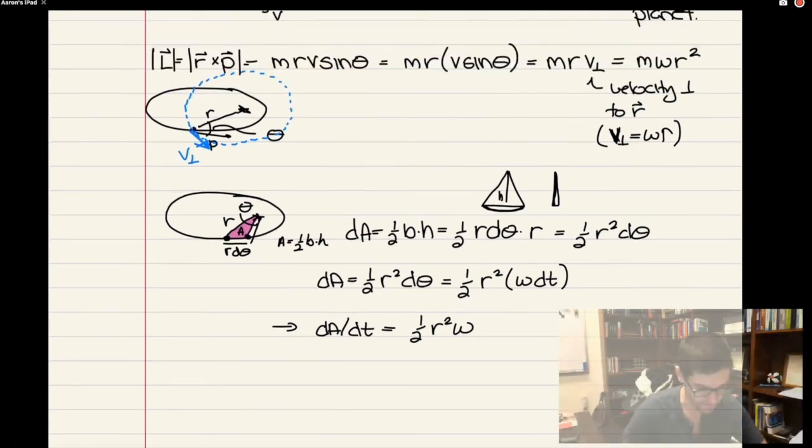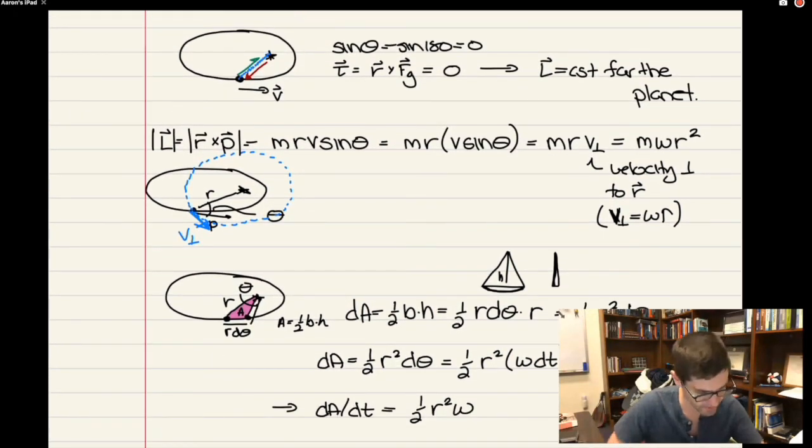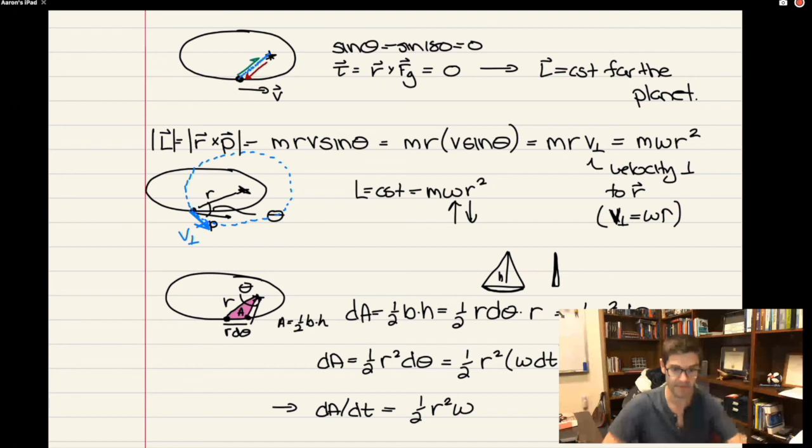We actually have seen that above by angular momentum conservation. L is a constant, which is m omega r squared, which means that if r goes down, if you get closer to the star, to keep this constant, omega must go up. You start rotating around the star faster for this overall expression to remain constant, assuming the mass of the planet is not changing.